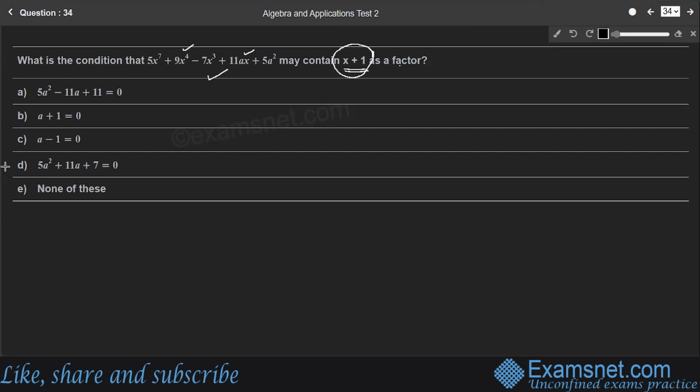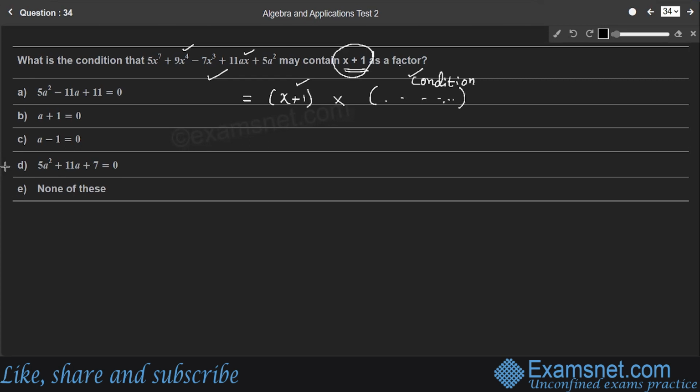So the given expression is nothing but x + 1 into another expression, the product of x + 1 and another expression, because x + 1 is its factor. Therefore, this other expression is nothing but the condition that the given expression may contain x + 1 as a factor.